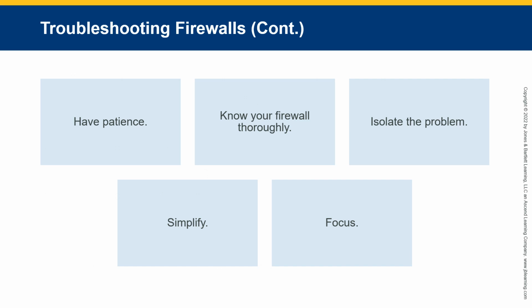When you're troubleshooting, have patience. Know your firewall thoroughly, help isolate the problem, keep it simple, do simple steps, make simple modifications, focus on it when you're doing your test, and keep it in perspective, asking simple questions to help isolate the problem.